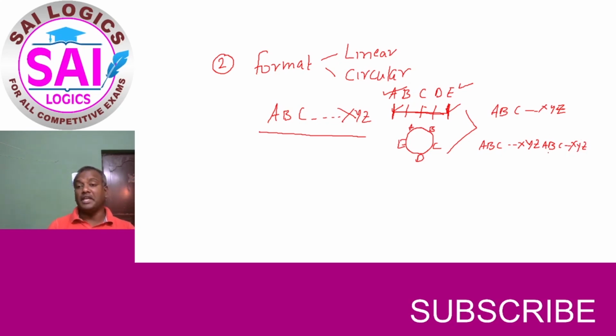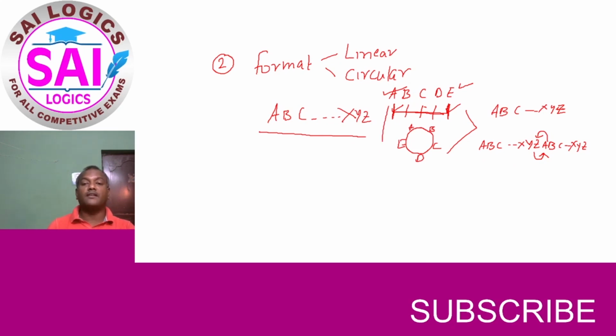It will not have any end. That means it is to be understood that after Z we can see A and before A we can observe Z. So there will not be any end. The alphabet is to be treated as a continuous process. So that is the only difference.